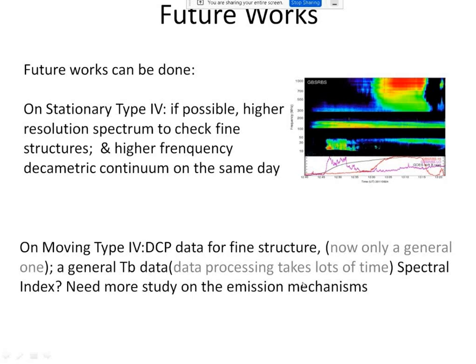But the data processing of the TB takes a lot of time. That's why we only did a very small part of the TB, because if we try to do the whole dynamic spectrum, it's going to take a long time. And we didn't do the spectral index either. We need more study to confirm the emission mechanism of the moving type 4 radio burst.